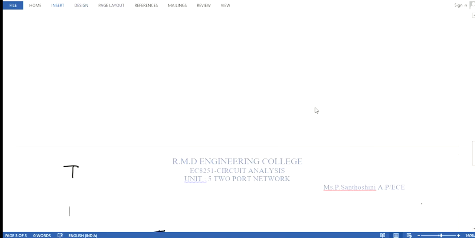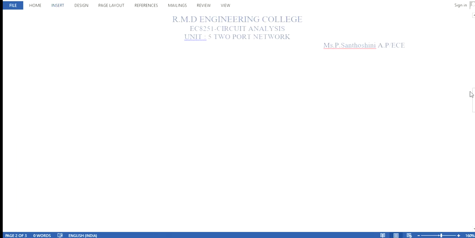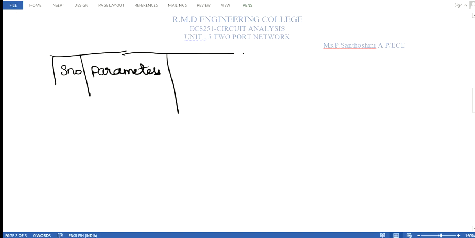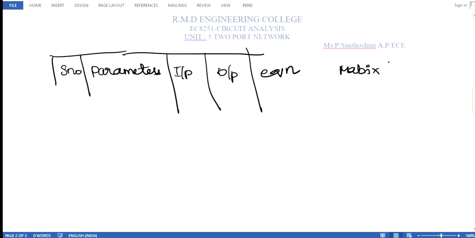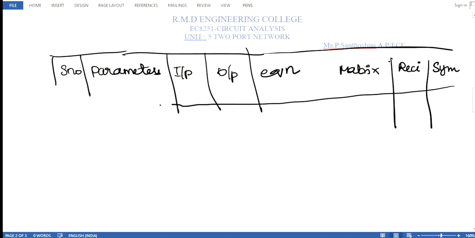The first column will be the serial number, then the parameter name, who are the inputs, who are the outputs, what is the equation and matrix format, and reciprocity and symmetrical properties. These are the headings you can see here.